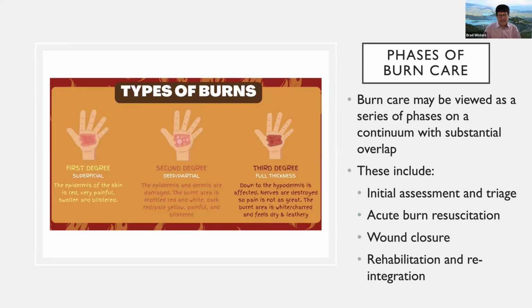And in the United States now, we actually are using cultured cells from the patient. So during part of the wound closure process early on, we will take samples of cells from the patient's normal skin. We send it to a company. It's incredibly expensive.